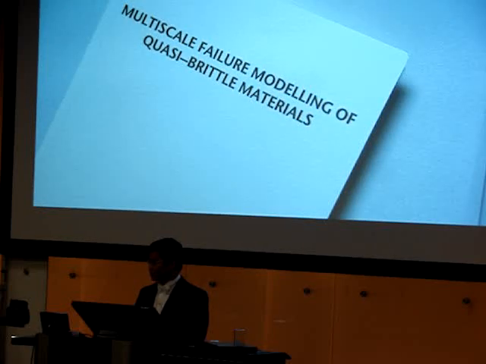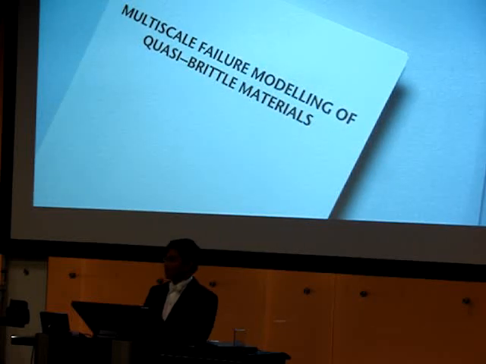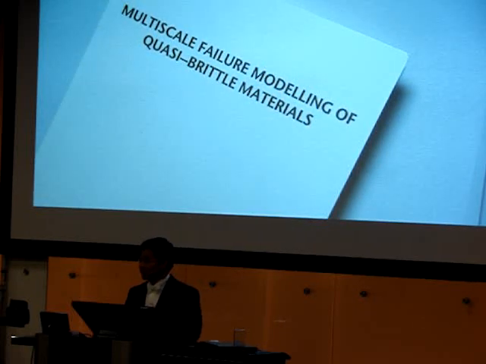If you look at the micro scale, you often see that these materials have small discrete micro cracks, and on the macro scale, you see more a sort of diffuse band. So that's an opposite type of response. In that case, what would be the best method to solve this problem? And how can it be objective with respect to the RVE size, which is something we have discussed very often, but also with respect to the macroscopic finite element size?